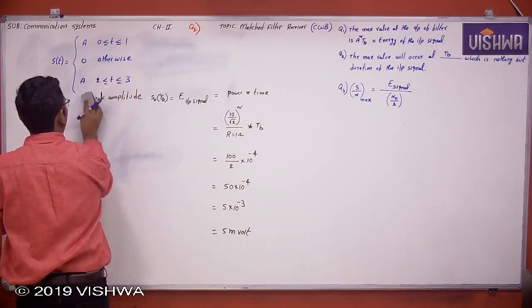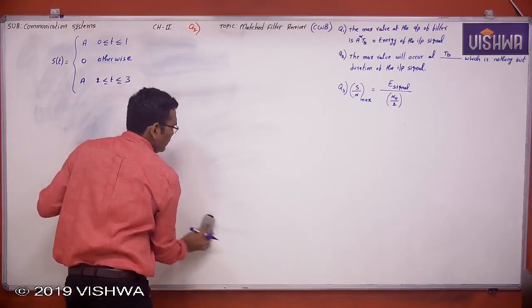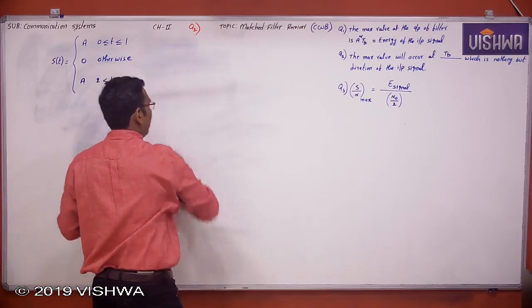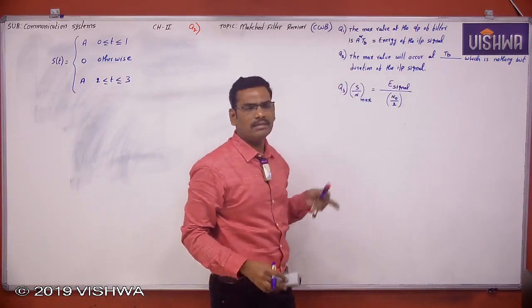Now, this is the signal which is given to you, and he is asking the same: what is the peak amplitude and what is the maximum value at the output of the filter? The maximum value will occur at a dash. Okay, this is the question he is asking.